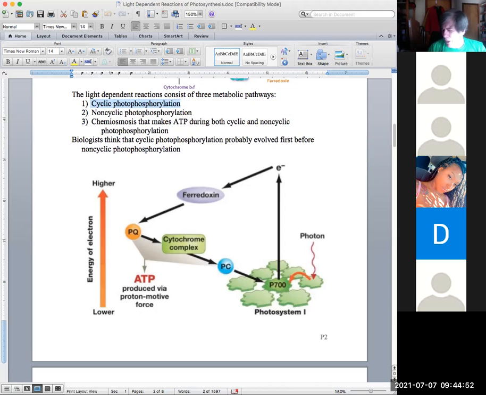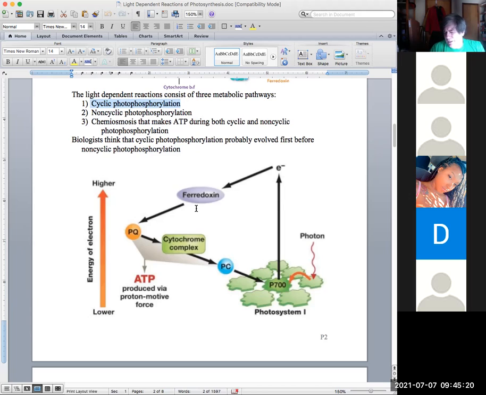So what happens, remember we said that the primary electron acceptor is very sensitive to its electrons having any energy. And so when this electron gets some extra energy from the first chlorophyll A, the electron has so much energy, it just jumps right out of the molecule.